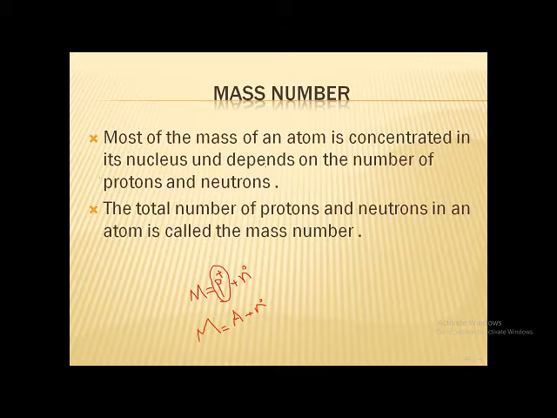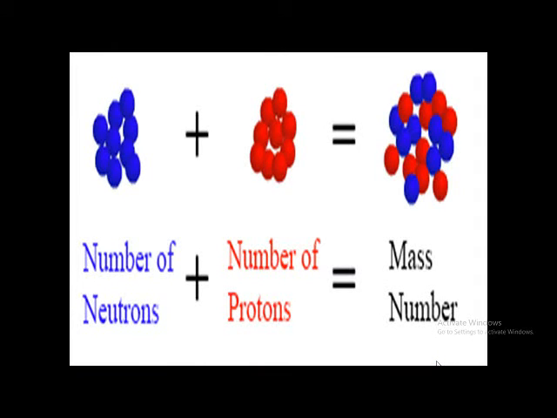So the total number of protons and neutrons is the mass number, and we said that in the first section. So the mass number is the number of protons and the number of neutrons, and this can represent a nucleus.